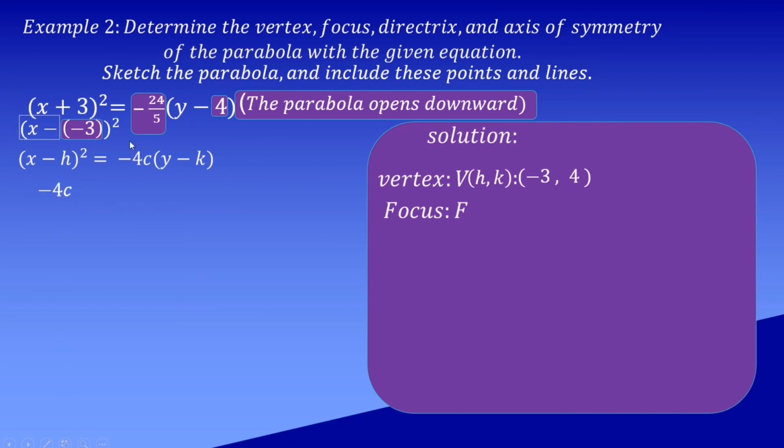So our value of -4c is negative 24 over 5. Then divide both sides by negative 4. Negative divided by negative is positive. So c is 24 divided by 20, that is 1.2. So the value of our c is 1.2.